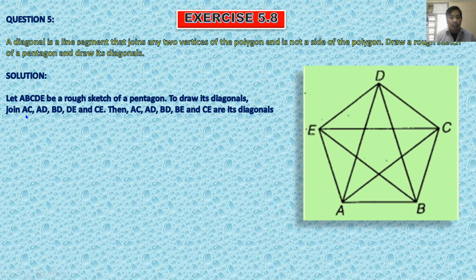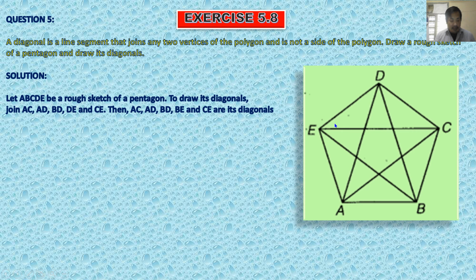So just once again, to draw the diagonals, we have to join AC, that's okay. Now AD, that's okay. BD is okay. DE is not a diagonal. Okay, clear? DE is not a diagonal.